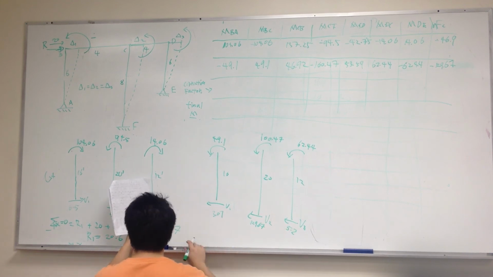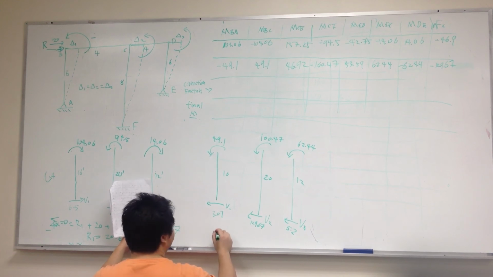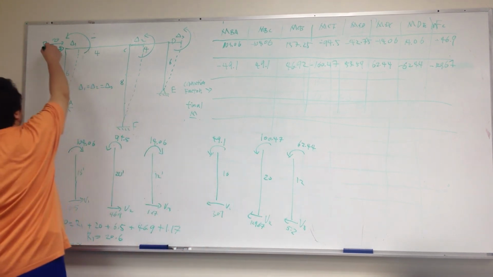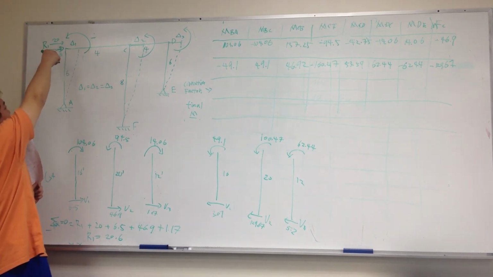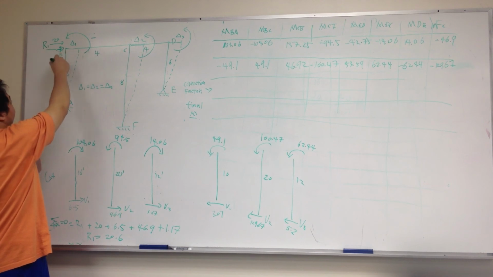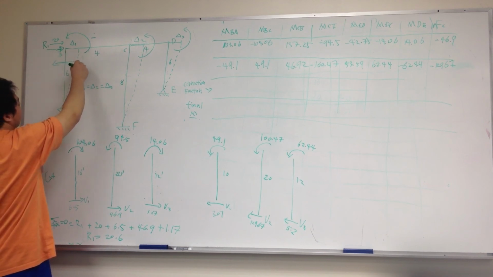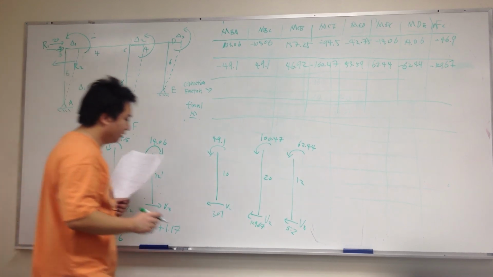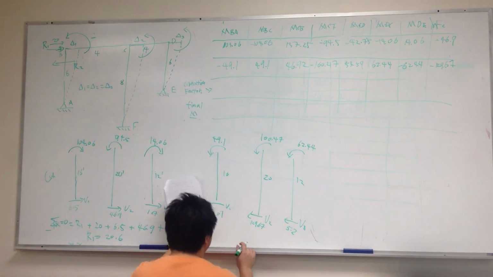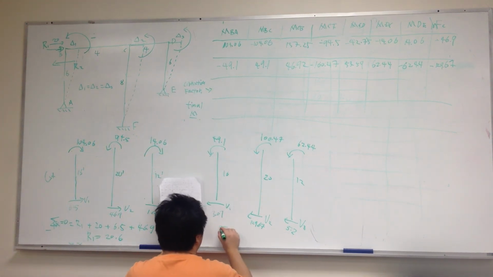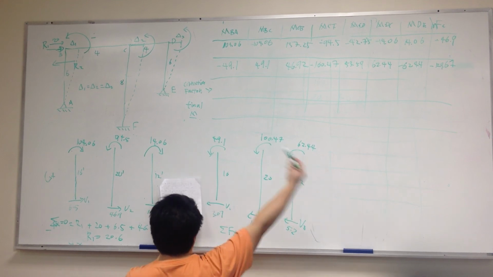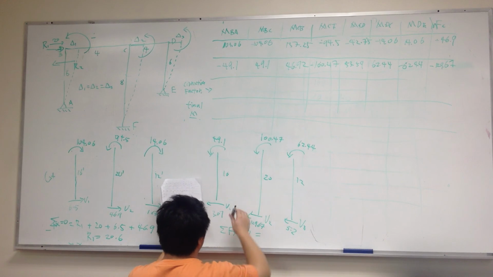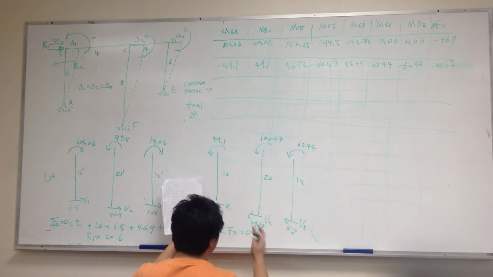And you sum up the moment. Oh yeah, this is R1, the original one is acting this way, and when you remove that, it is going to have something like R2 going back this way. So you sum the forces in the x-axis equal to 0, so you're going to have all the shears going this way, and that R2 is also going that way.